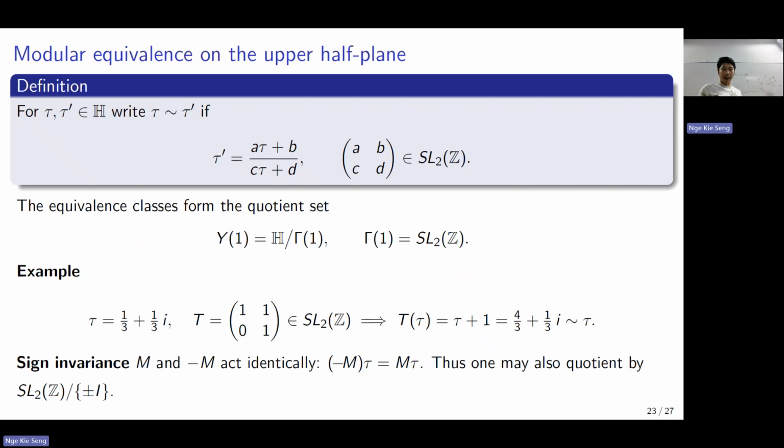Then we can define Y as the upper half plane quotient by the action of this special linear group. This actually forms equivalence classes, so that each equivalence class corresponds to an equivalence class of an elliptic curve.